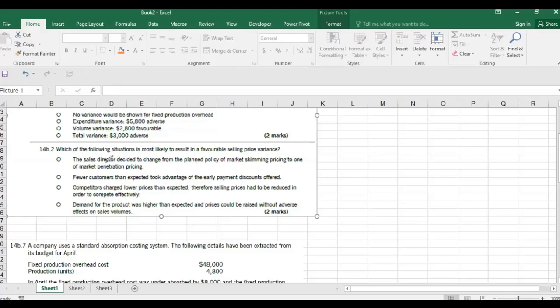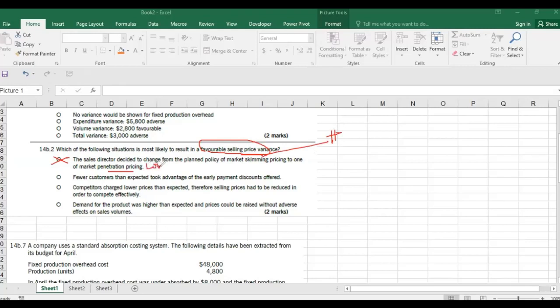Number one, the sales director decided to change from the planned policy of market skimming pricing to one of market penetration pricing. Would this result in a favorable selling price variance? No, it will not. You should remember that market skimming means higher prices, and market penetration means lower prices.